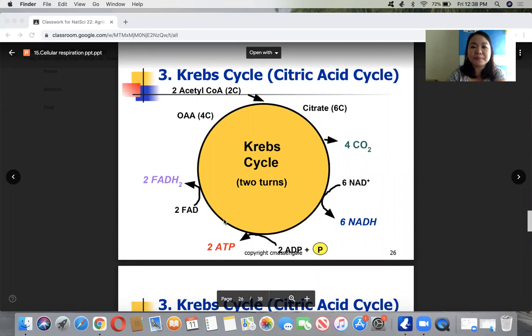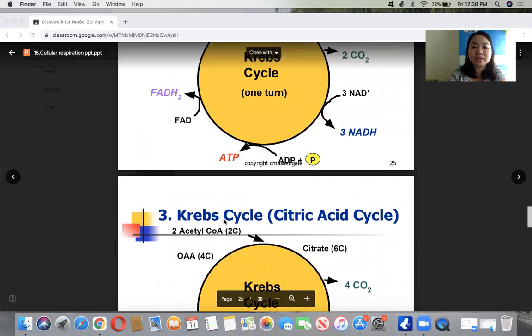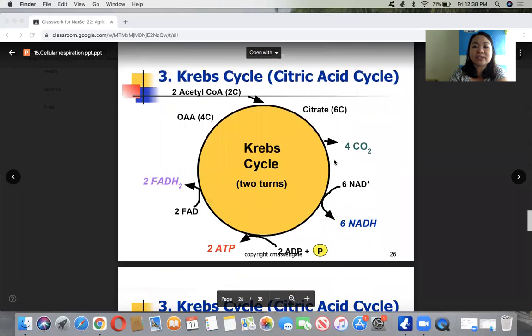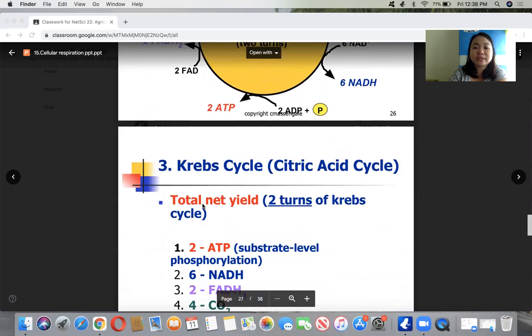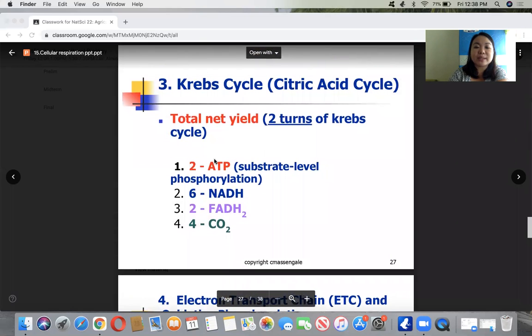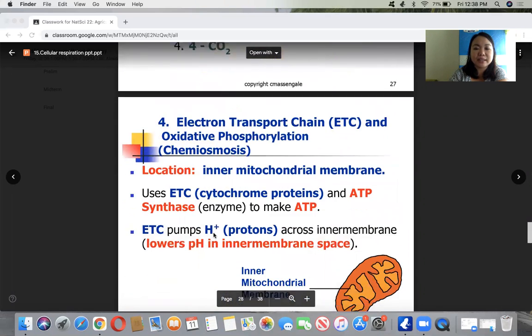So again, the 2 acetyl coenzyme A, in the second turn, is converted to citrate 6-carbon with the release of 4 carbon dioxide, NAD converted to NADH, and 2 ATP and 2 FADH. So the total net yield with the 2 turns of the Krebs cycle is 2 ATP, 6 NADH, 2 FADH, and 4 carbon dioxide.